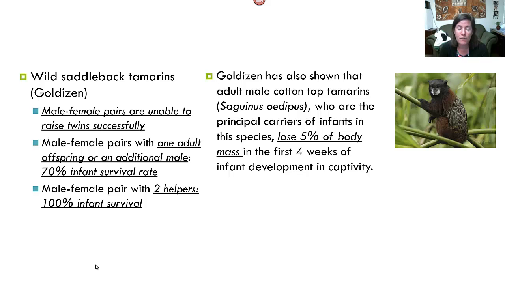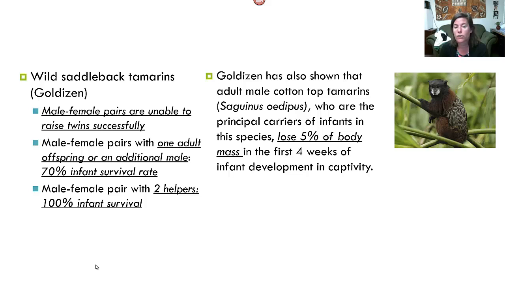So none of the offspring will survive in a monogamous pair. She found that male-female pairs that have 1 adult offspring or an additional male in the group have a 70% infant survival rate. So 70% of the offspring survive if there's an additional individual to help care for the offspring. Male-female pairs with 2 helpers had 100% infant survival.